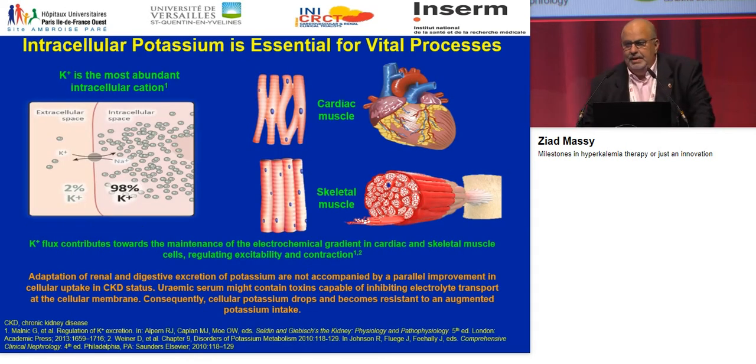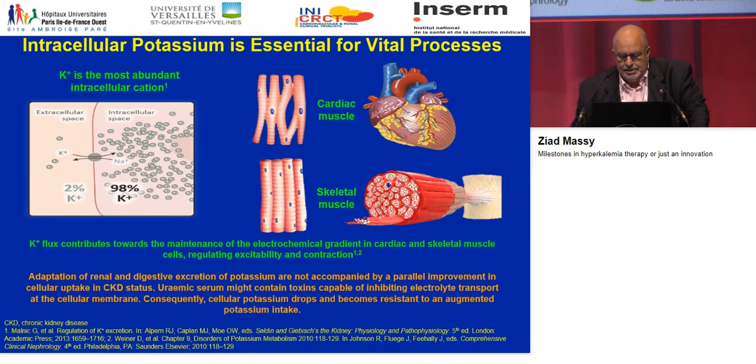The big problem in our CKD patients is that potassium is in the intracellular space. So when you have a potassium overload, you can eliminate by the kidney and by the intestine, but the major compensation to protect you against hyperkalemia is the movement from extracellular to intracellular space, and this is dependent on the potassium sodium ATPase.